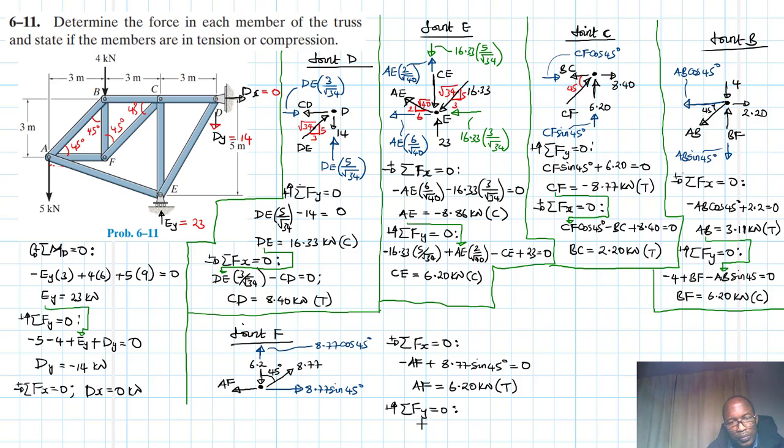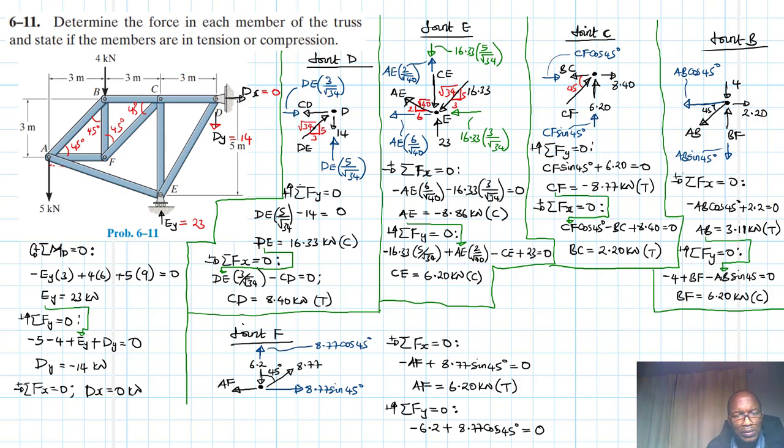So we have minus 6.2 plus 8.77 cos 45, and for sure this gives us a 0 because sine 45 and cos 45 will give us the same result, which is a 6.2. So this is a 0. So it means our work is okay.